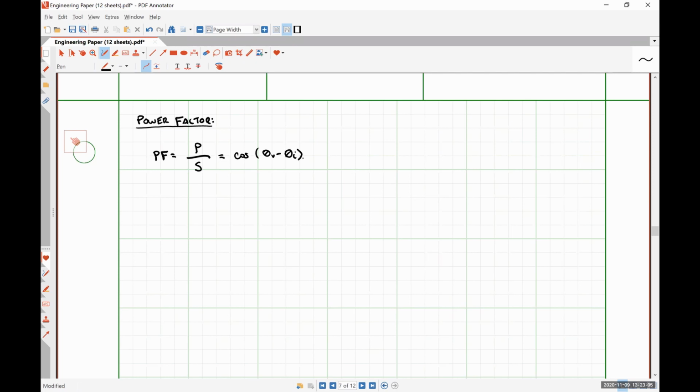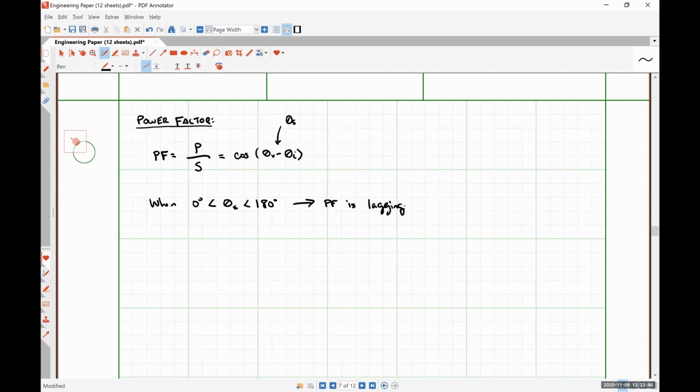So when the quantity theta V minus theta I, which we may also call theta S, the angle of our complex power, is, or let's do it this way: when 0 degrees is less than, specifically less than, theta S, which is less than 180 degrees, our power factor is lagging.